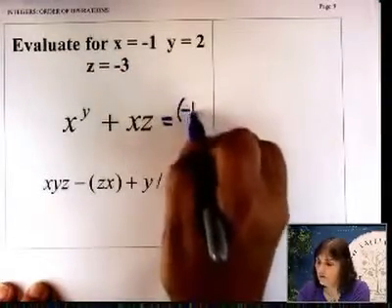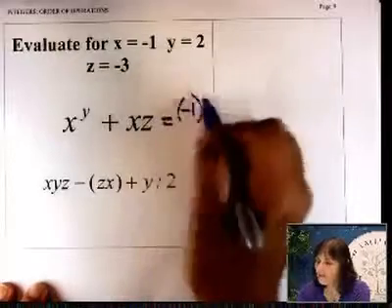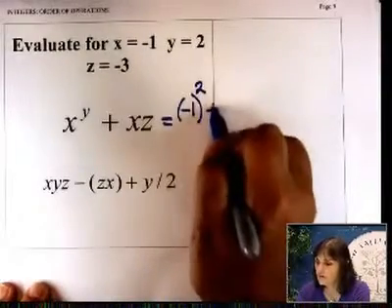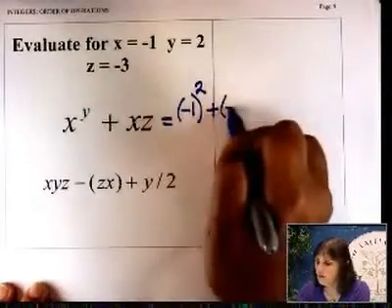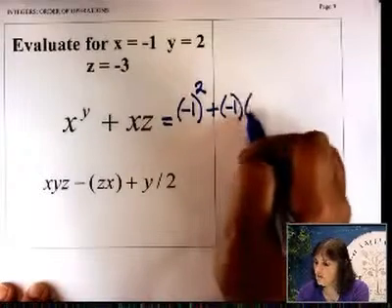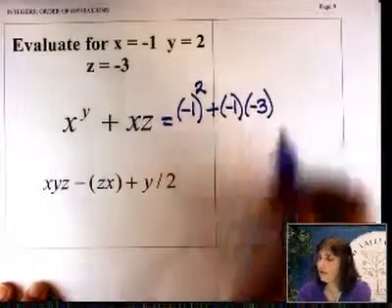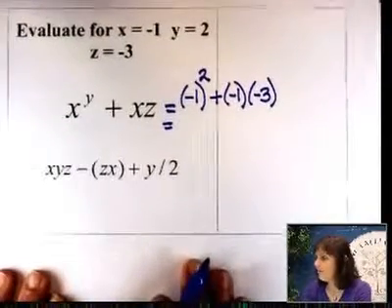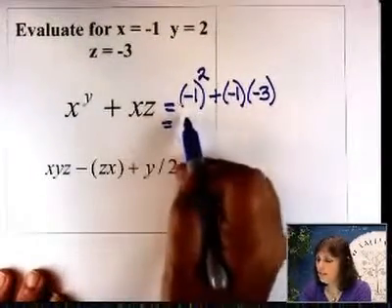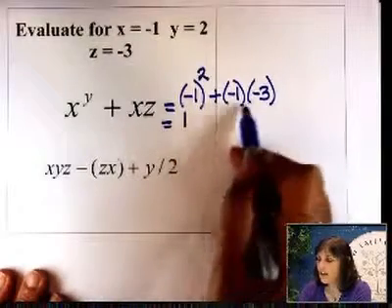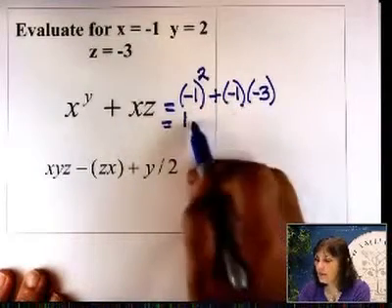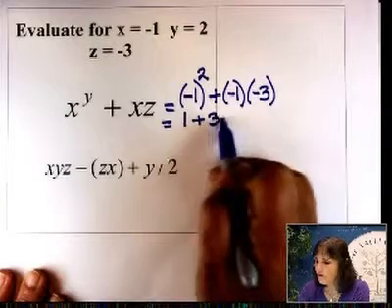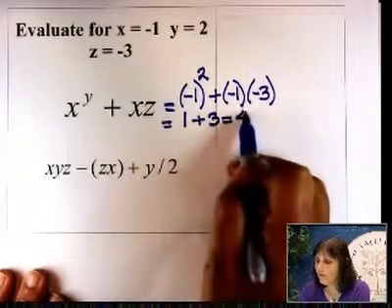So you have negative 1 to the y, which is 2, plus x, negative 1. Z is negative 3. Now let's do the exponent. You have negative 1 squared, that's 1. And this one is double negative, so that's a positive. 3 plus 1, 4.